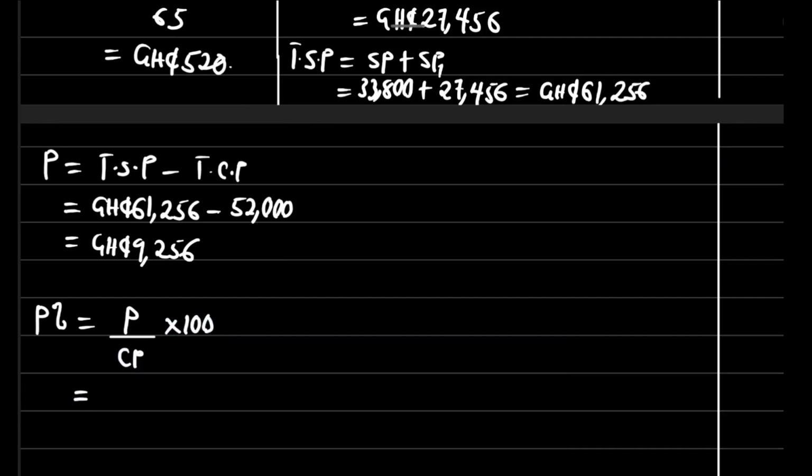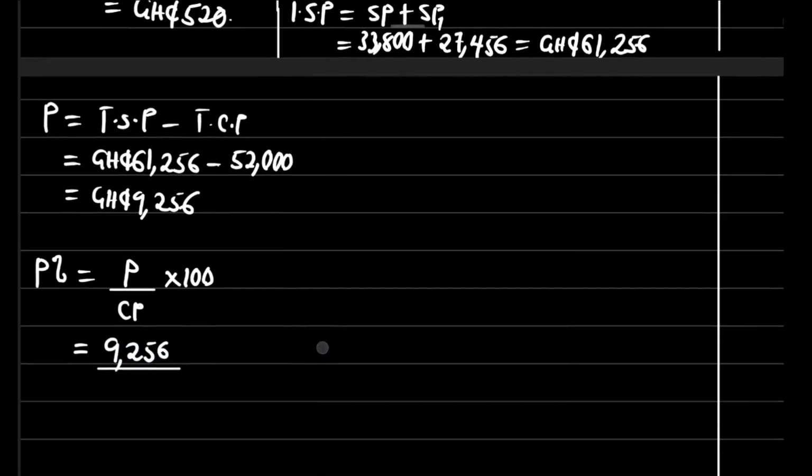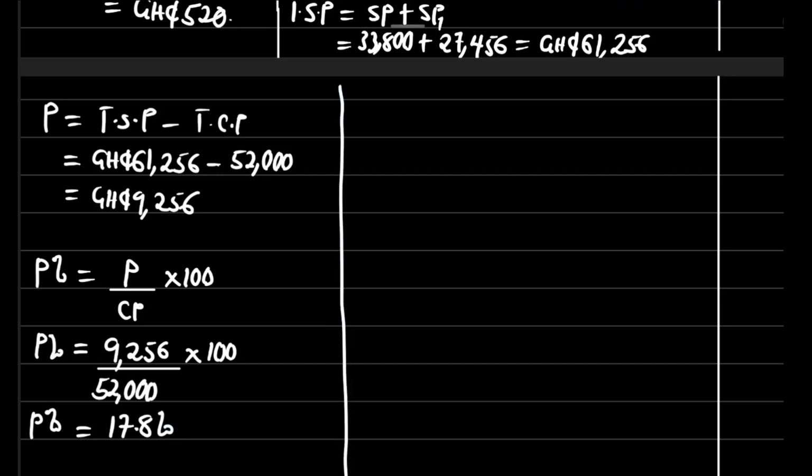So our profit has been computed as 9,256, divided by the cost price of 52,000, and then multiplied by 100. So our profit percent is 17.8%. And that will give us the profit for this whole transaction. So let's take note of that.